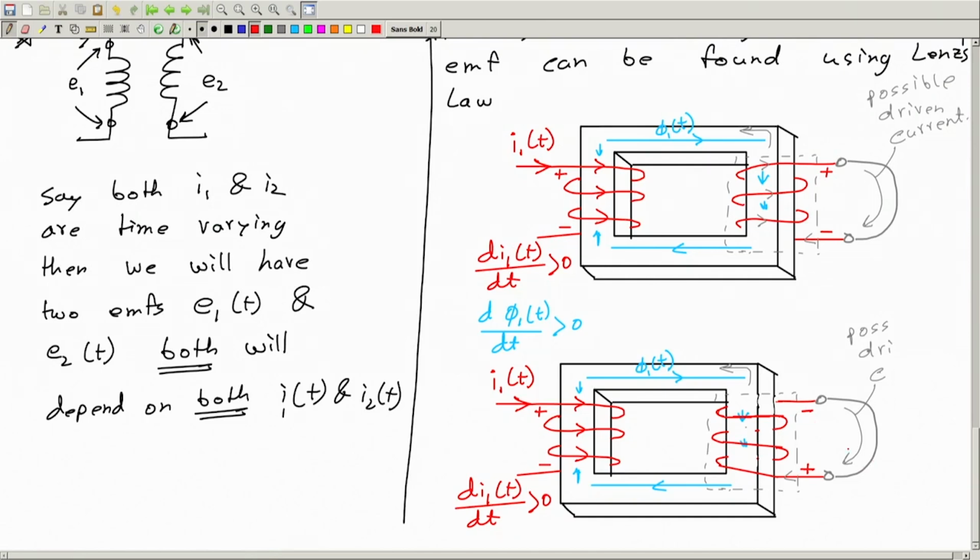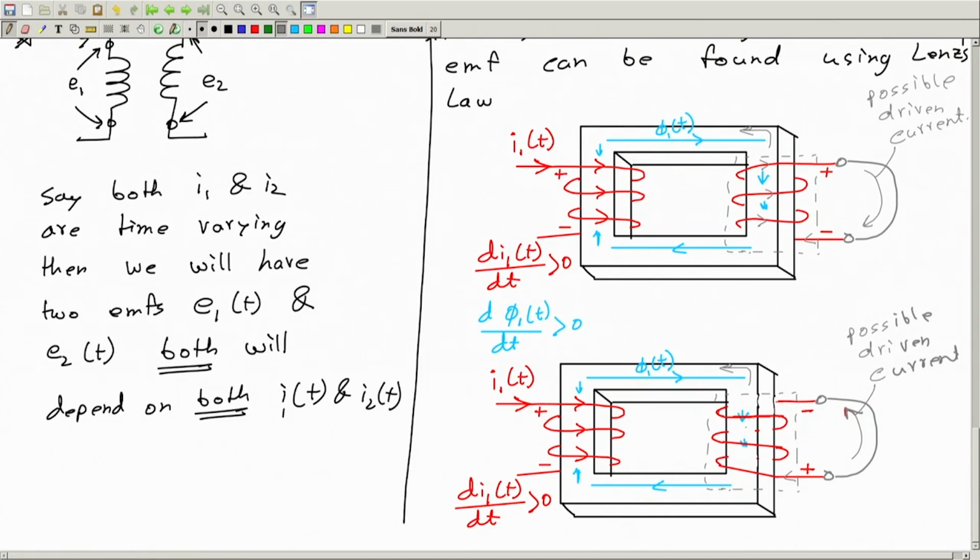And here also I have to change this direction. Okay, so the current here now will be in the direction like this.